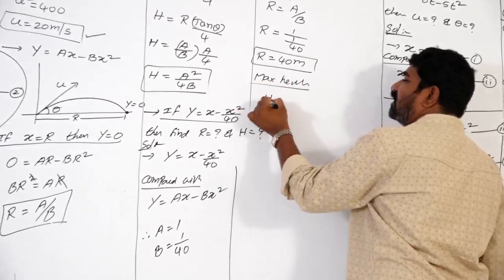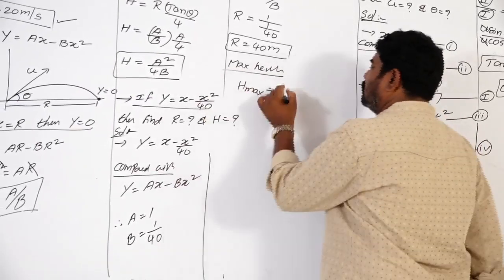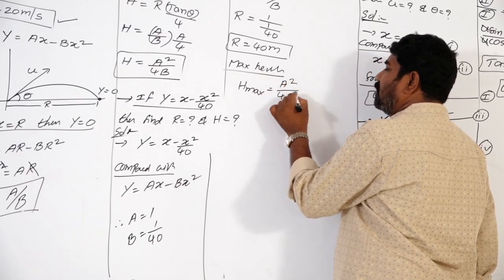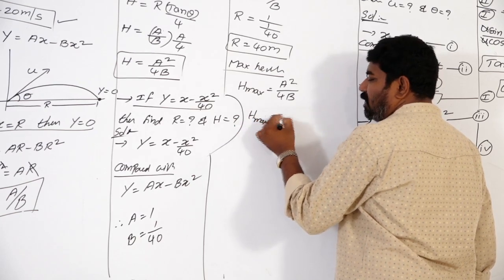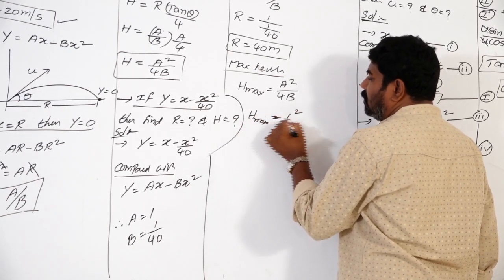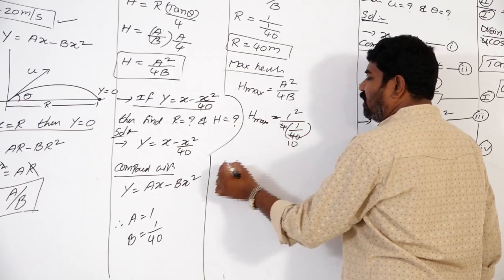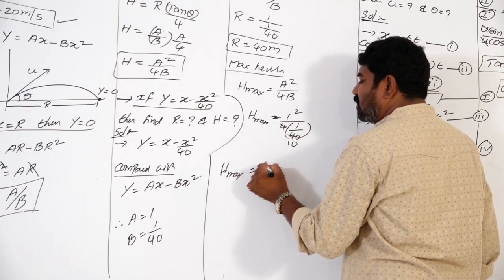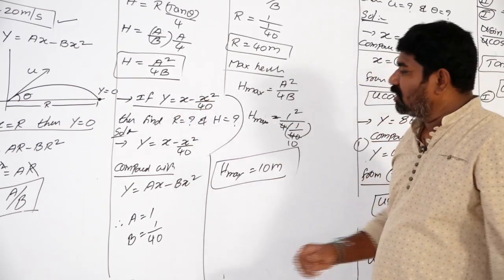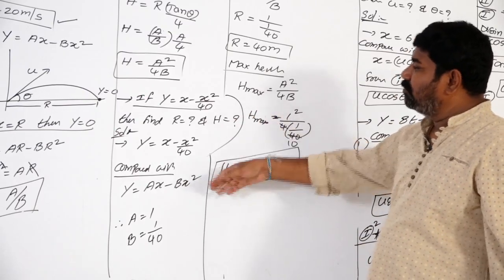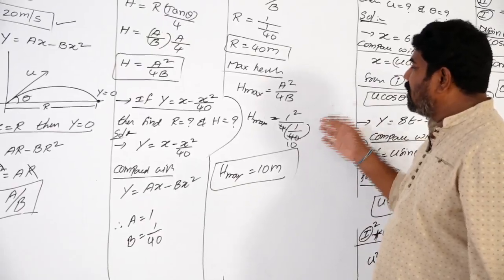H max is equal to a square by 4b. So H max is equal to 1 square by 4 into b, which is 1 by 40. That means H max is equal to 10 meters. So if y is equal to x minus x square by 40, the range is 40 meters and the maximum height is 10 meters. Simply, range is equal to a by b and maximum height is equal to a square by 4b.